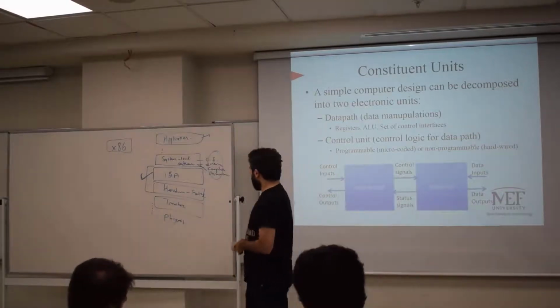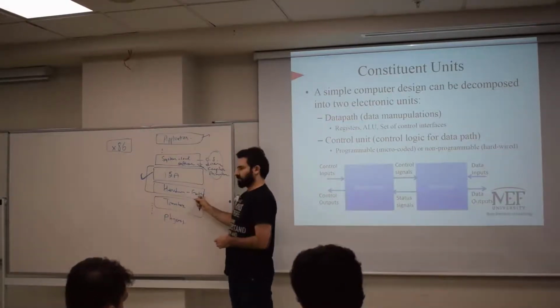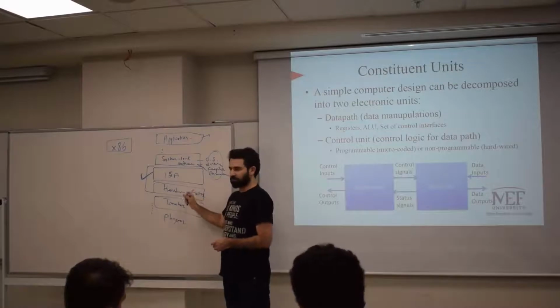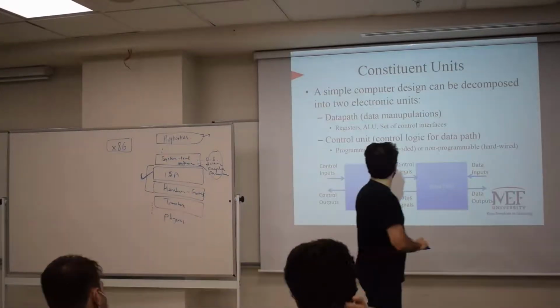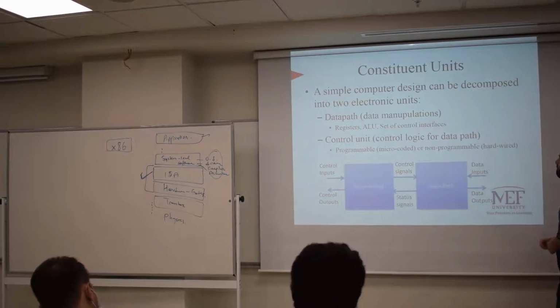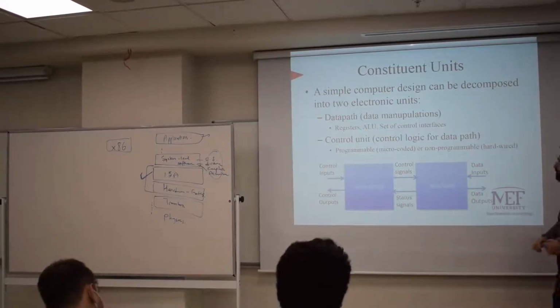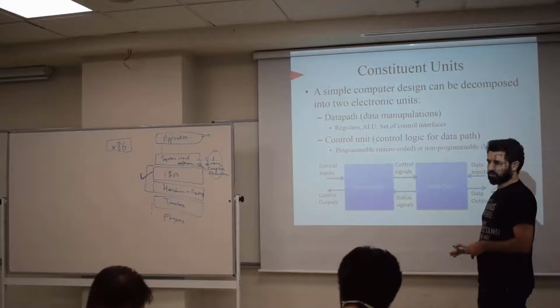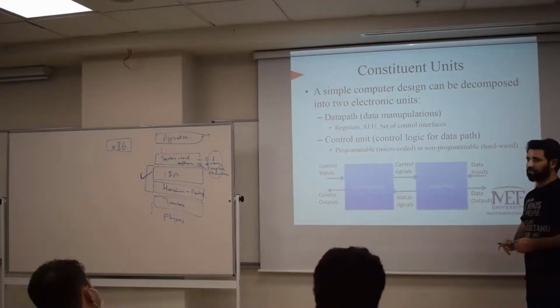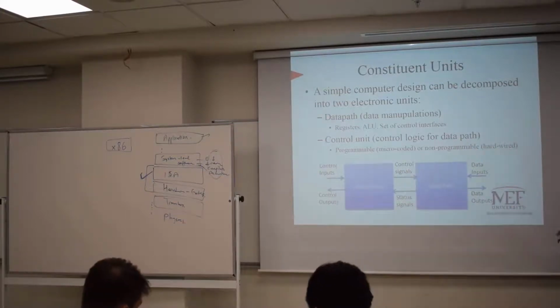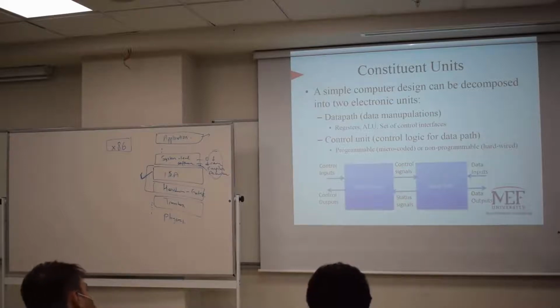Okay, now we'll talk about gates. Okay, we'll focus on here. Okay, most of the time. Okay, so as you can see in this slide, a simple computer design can be decomposed into two electronic circuits. One of them is the datapath. These are used for data manipulations and will contain registers, ALU, and other interfaces.